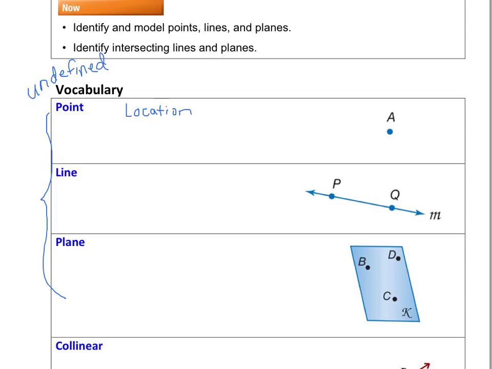If we zoomed in on this point over here to the right, it definitely has dimension. But the way we treat a point in geometry is that it has no dimension. So that's something that we have to take at face value. So a point is a location, and a point has no shape, no size. So you want to write that down.